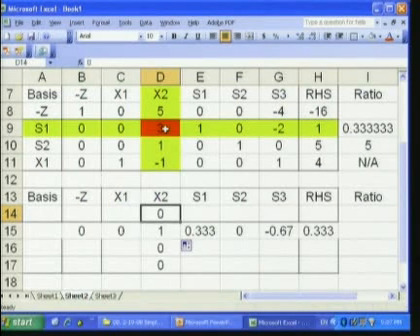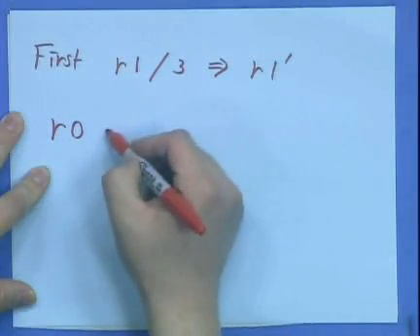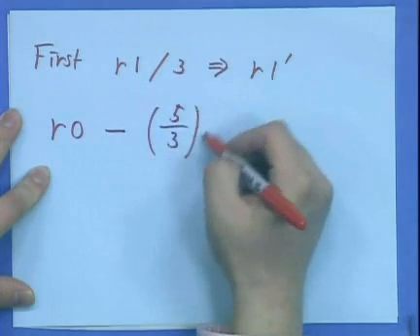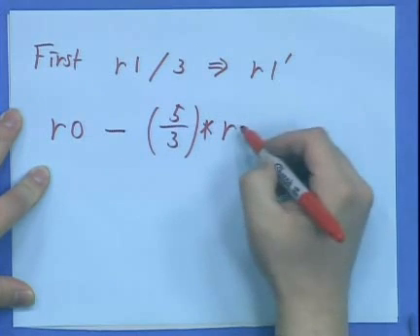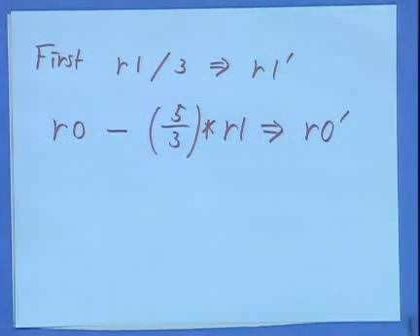Divide by 3 and multiply by 5, right, great. Thank you. So the objective function row becomes 0 if you subtract 5 over 3 times the pivot row, right? And then the objective function row becomes 0.